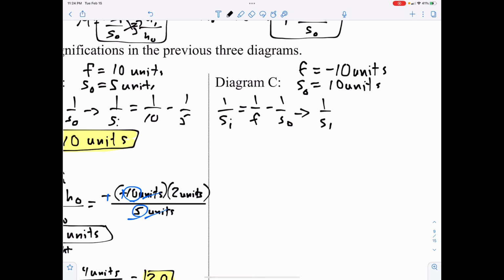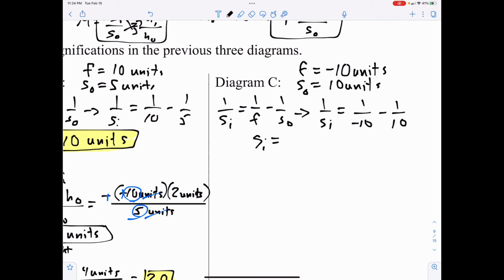So 1 over SI is equal to -1 over 10. Or you could actually do it this way. We could do 1 over the -10 focal length minus 1 over 10. In other words, it's going to be -10 inverse minus 10 inverse is how we're going to calculate that. Okay, let's try it. Let's figure it out.